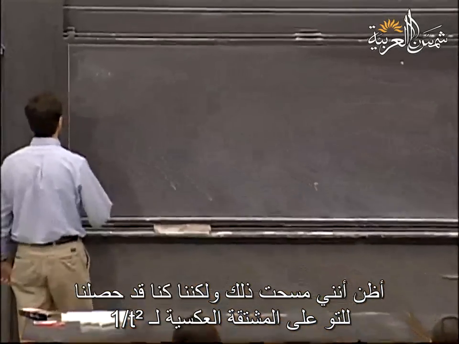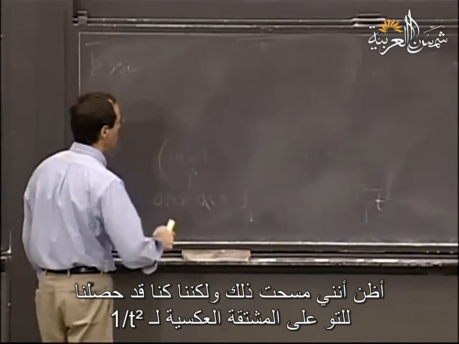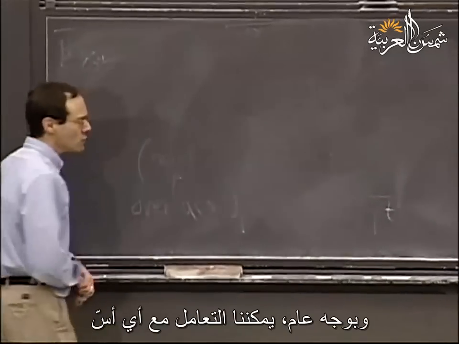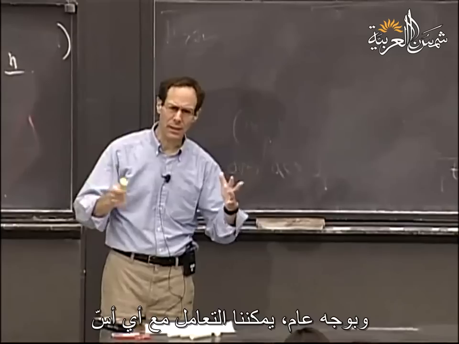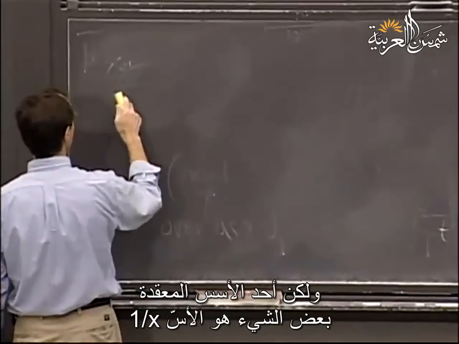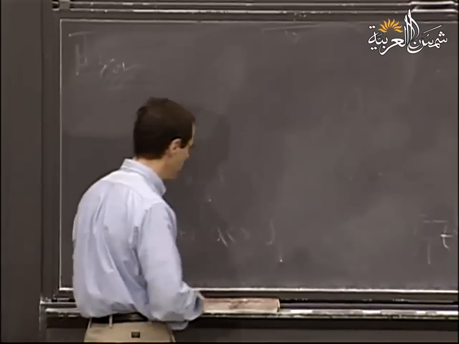So I guess I just erased it, but we just took the antiderivative of 1 over t squared. And all of the powers work easily, but 1. And the tricky one is the power 1 over x.